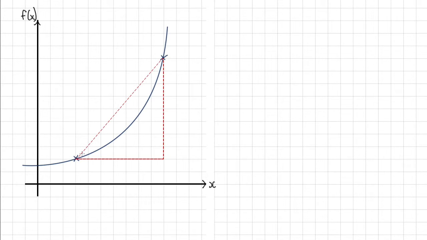Now let's take this point here. What are the coordinates of this point? Well, in general, it's given by x, comma, y, or f of x.